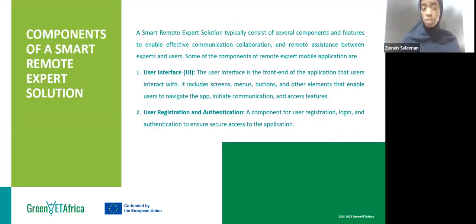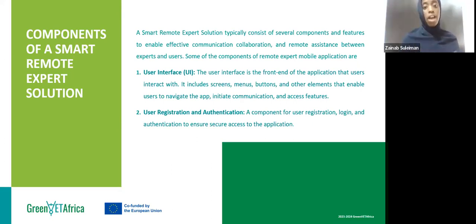So what are the components of the Smart Remote Expert Solution? The user interface is number one, because the user interface is the front end of the application that you interact with. It includes the screen and menus that enable you to navigate in the software. We also have user registration and authentication. What is user registration?